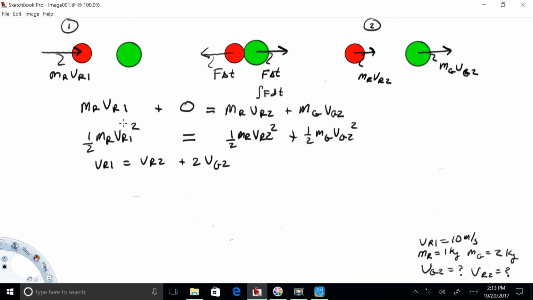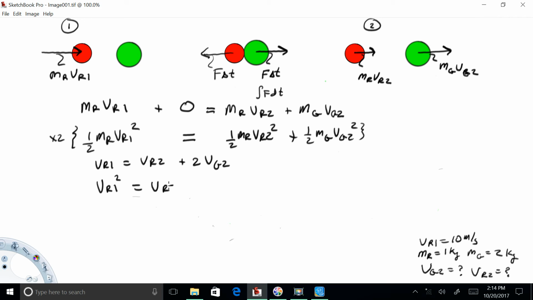Our kinetic energy equation is now going to read, actually, let me back up. Before I substitute, I'm going to imagine multiplying this entire equation by 2 to get rid of all the 1/2s. Then, putting a 1 right here, this term will become VR1 squared equals, and again, multiplying by 2 will cancel this 1/2, and then that's going to be a 1.